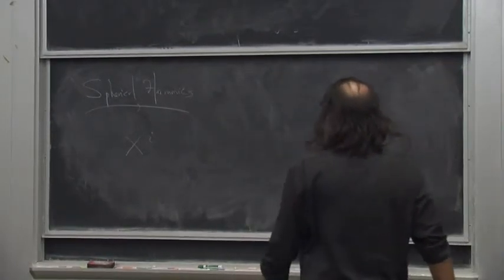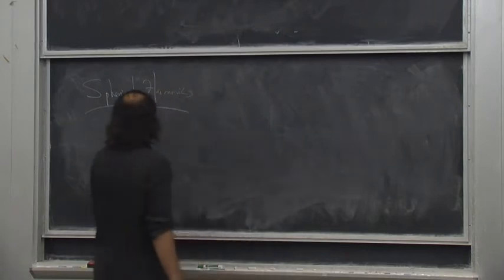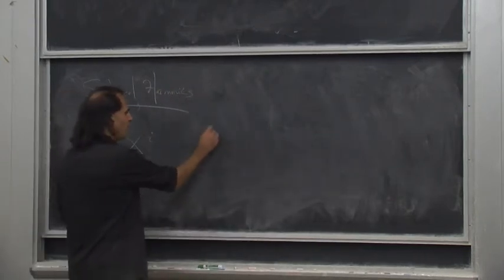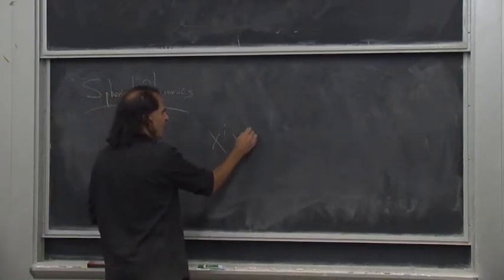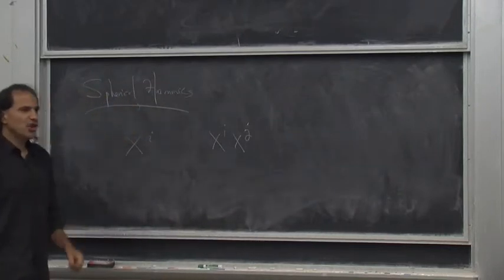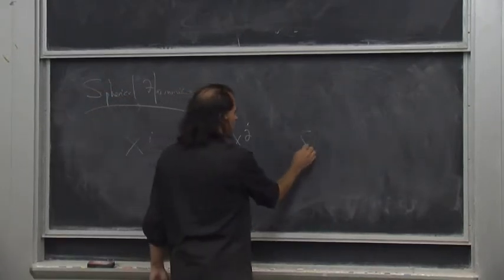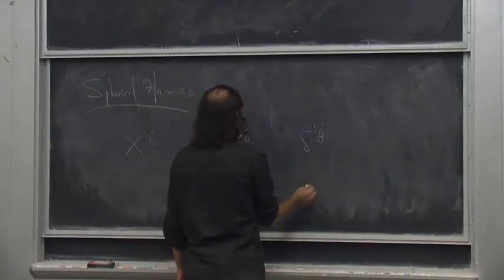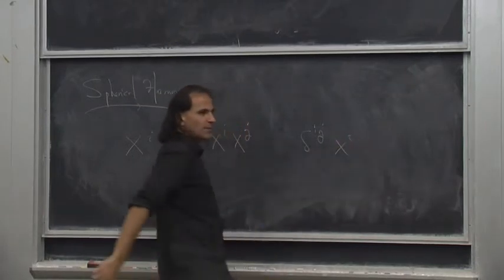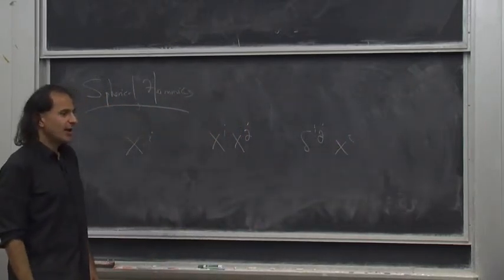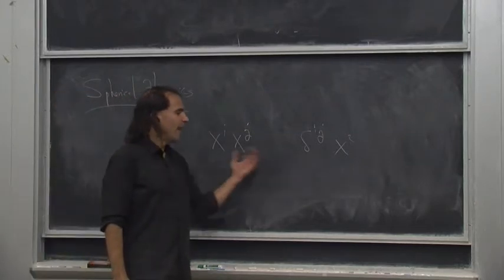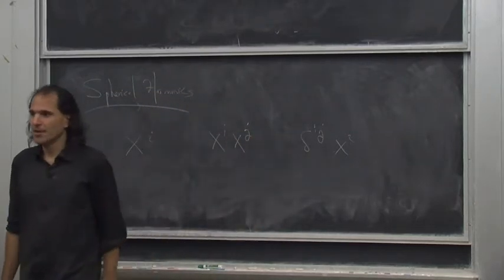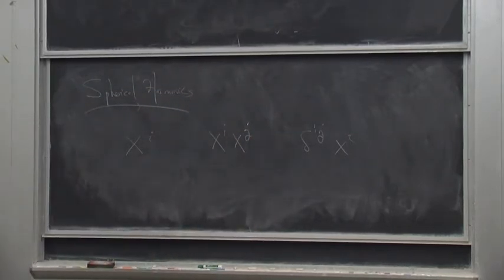For a vector everything is fine, but already for spin 2 I can talk about something that's xi xj, and I can also have something that's delta ij x squared, that is x dot x. I would like to figure out what linear combination of these things are the interesting ones. So I want to take out the traces.